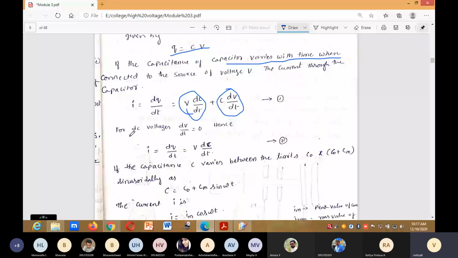For DC voltages, dV divided by dt is equal to 0. Hence, I equals dq divided by dt equals V dC divided by dt.